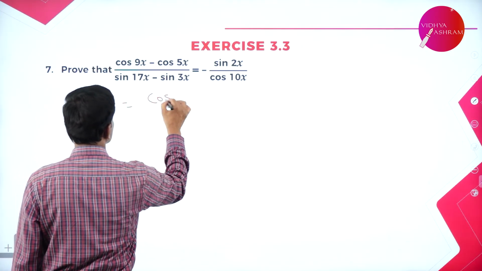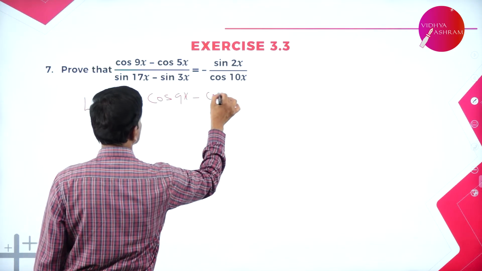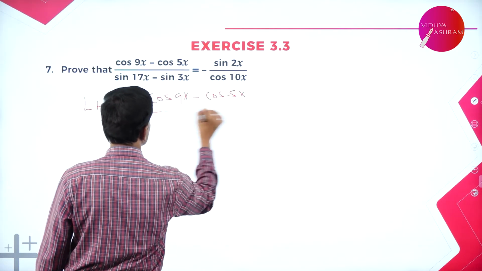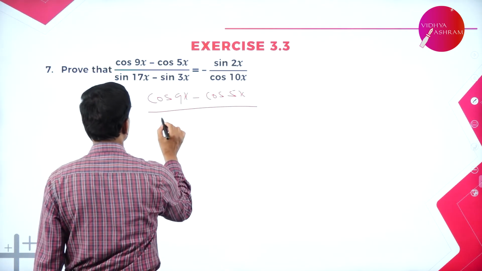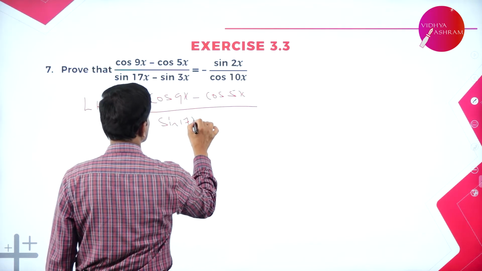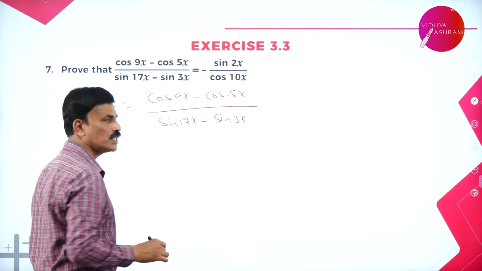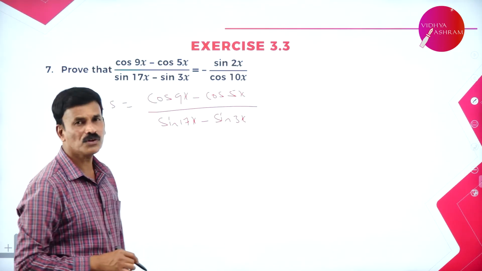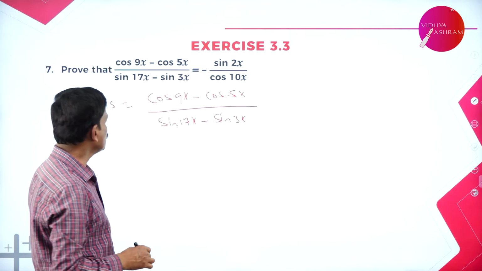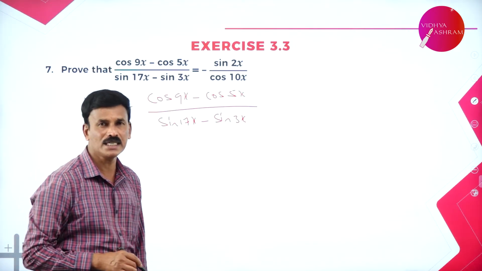What is LHS? Cos 9x minus cos 5x divided by, in the denominator, sin 17x minus sin 3x. If you observe carefully, the numerator is of the form cos c minus cos d, and the denominator is of the form sin c minus sin d.